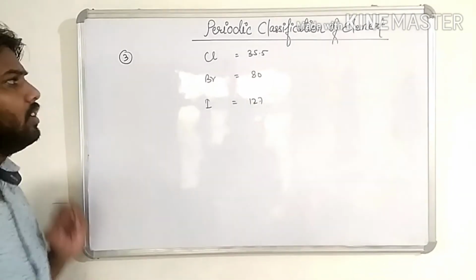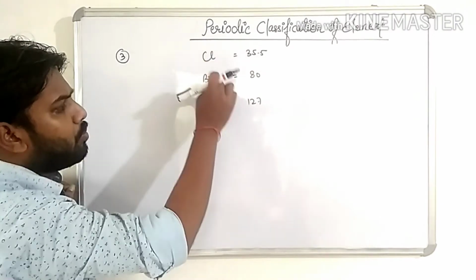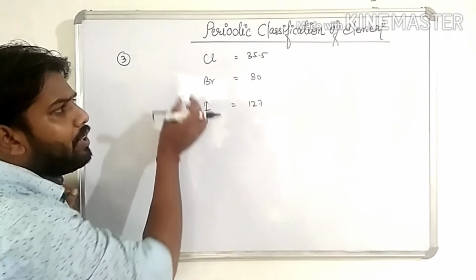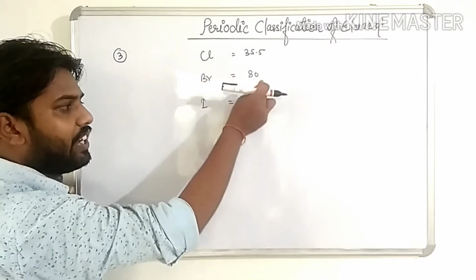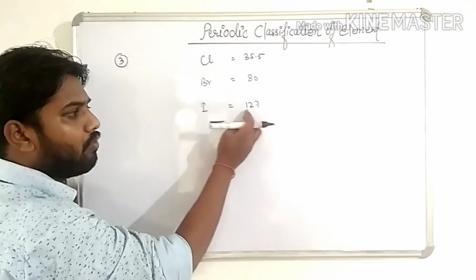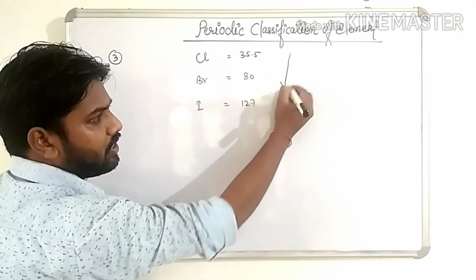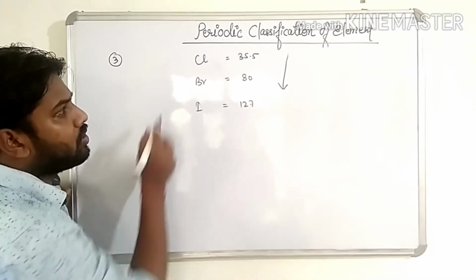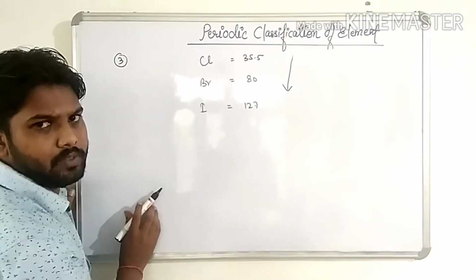Now children, the third triad was the chlorine, bromine and iodine group. Atomic mass of chlorine is 35.5, bromine is 80 and iodine is 127. These elements were arranged in the order of increasing atomic masses because they were showing similar chemical properties.